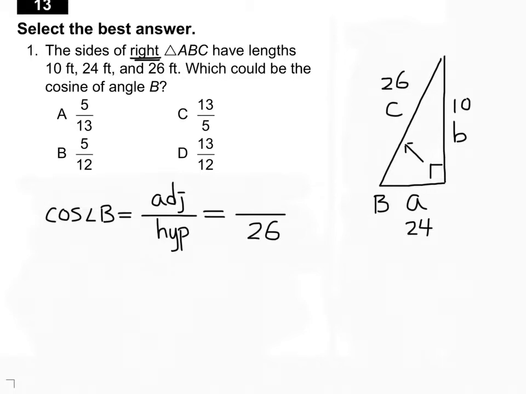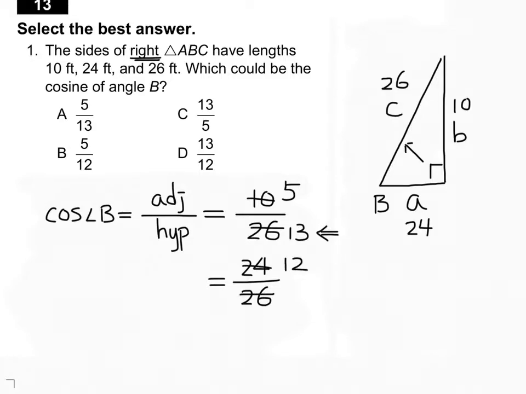Which one is going to be your adjacent? We don't know. But in fact, it doesn't really matter, because as you can see here, it's 10 over 26 or 24 over 26. The main point is, as you reduce the numbers, your denominator always ends up being 13.